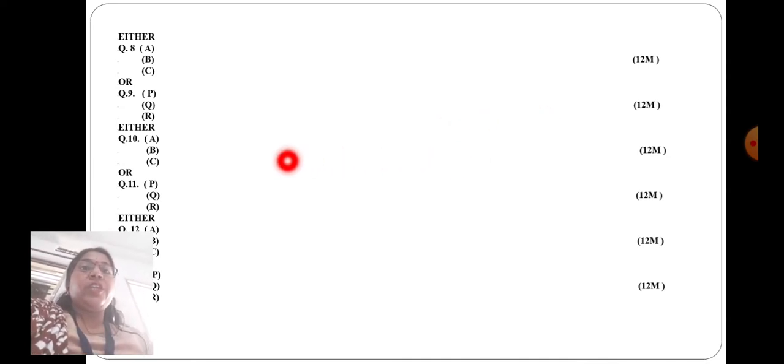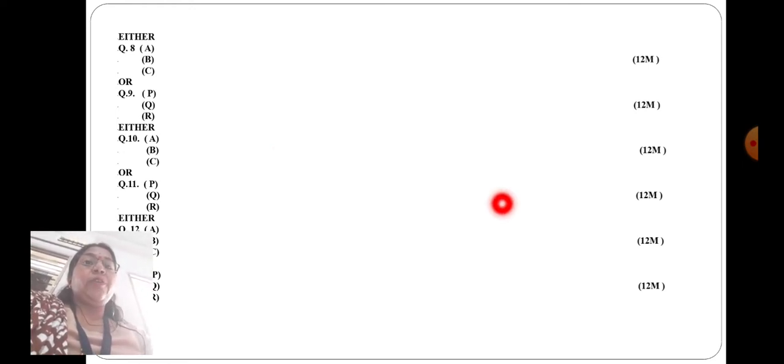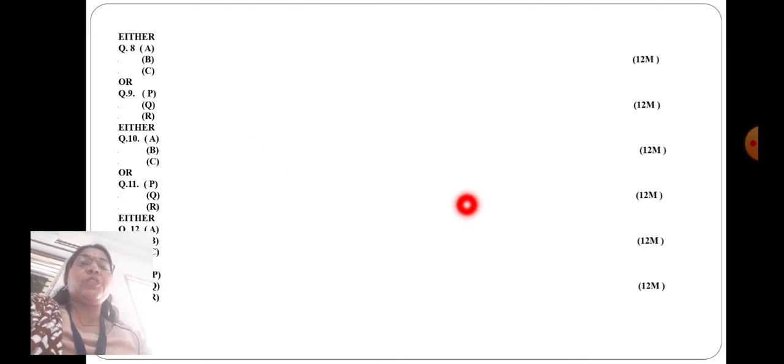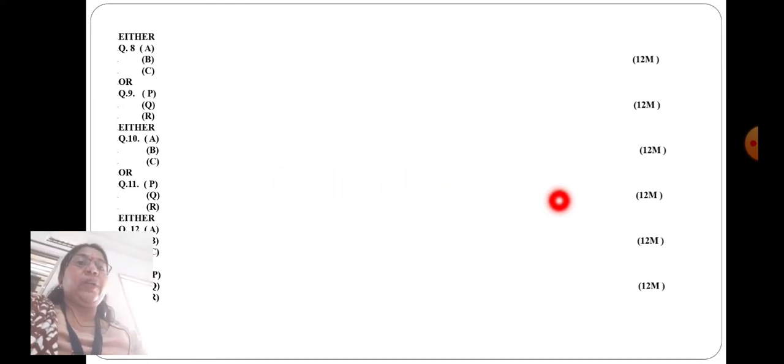Then question number 10 or 11 is on unit number 5, that is the special theory of relativity. It also has bifurcation, question 10A, B, C in this way, but the total marks for the question are 12, and for the or question also 12.